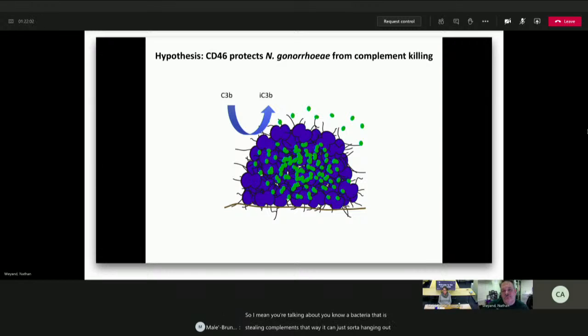At that point, is it trying to have a strategy where it's going to grow really rapidly, or does it just sort of hang out? So we think the bacteria are doing this so they can persist on mucosal surfaces in the reproductive tract, or in the pharynx, which is another site where gonorrhea infections can occur.